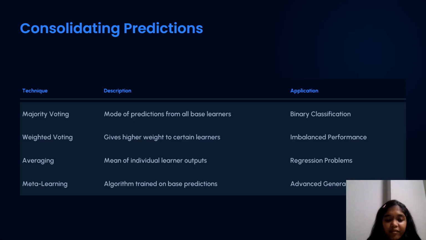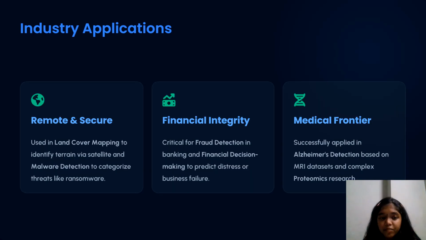The technique averaging means the mean of individual learner outputs, and it helps in regression problems. And the technique meta learning is an algorithm trained based on base predictions, and it is used in advanced generalization.